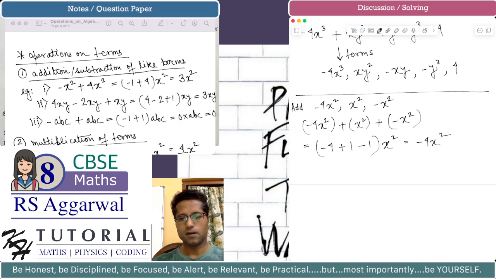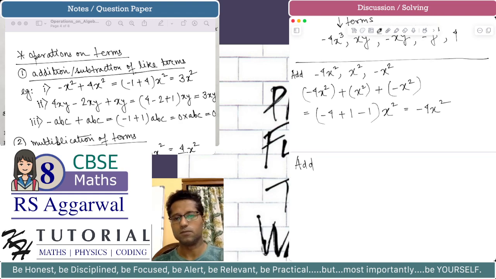Let's say we want to add, my machine is giving a lot of problems, let's say we want to add minus xy cube and y cube x by 2, and then x y cube, and we have 3xy cube.